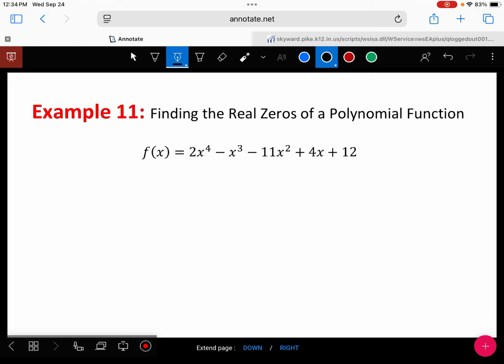Okay, let me find my answers. So I know the first answer. This is example 11. Okay. Oh, this one should go easy. Because you're going to find ones that work pretty early on.